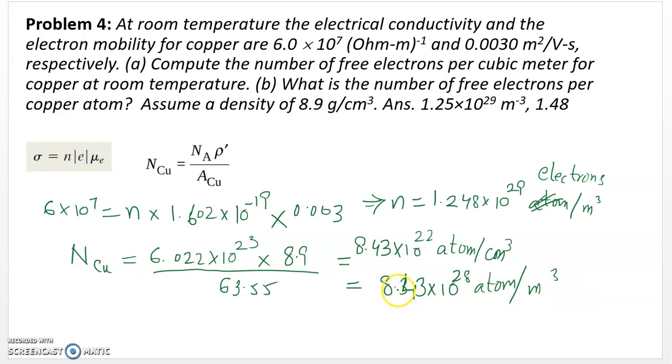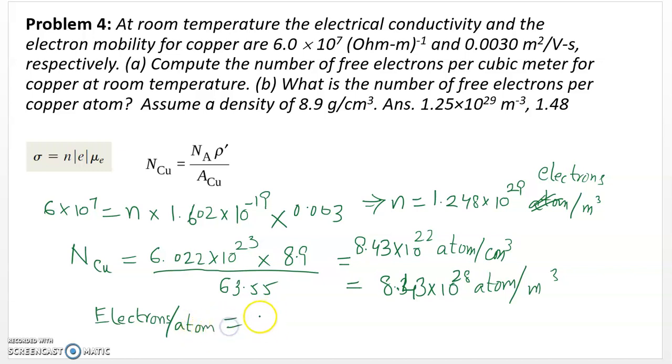Now we have this many atoms and this many electrons. So how many electrons per atom?